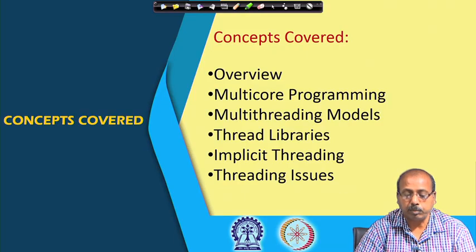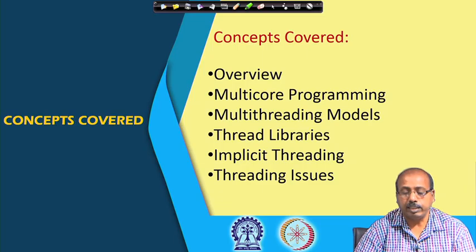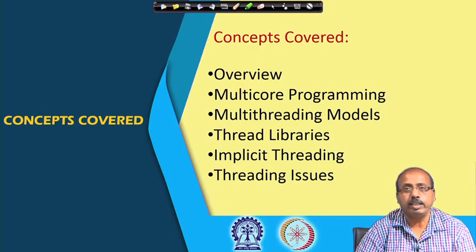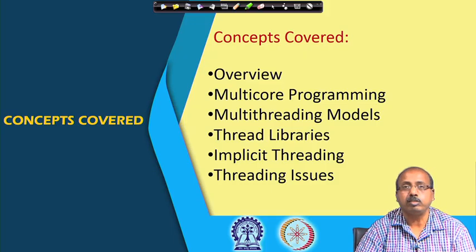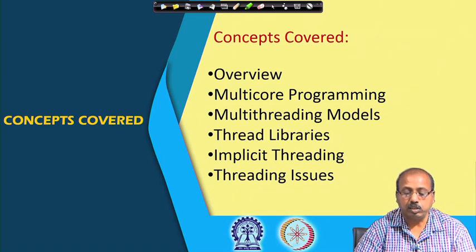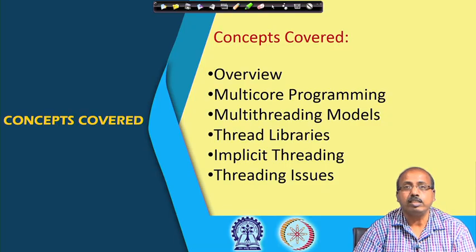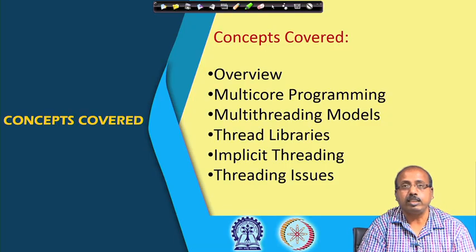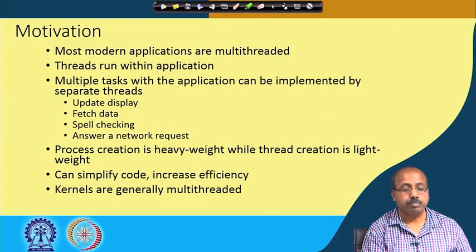We will look into some of them, though not in much detail, but we will have a glimpse of how the thread libraries look and what the essential features are that we will get from a thread library, so that if you are exploring a particular library, you can look into those features and start using them. There is also implicit threading, where the threading occurs automatically, and then we have some threading issues. We will discuss one after the other.